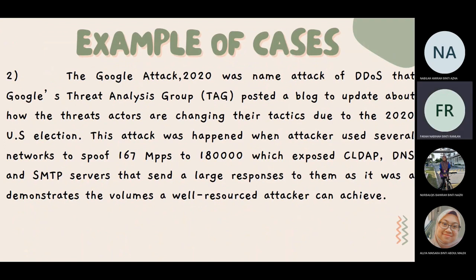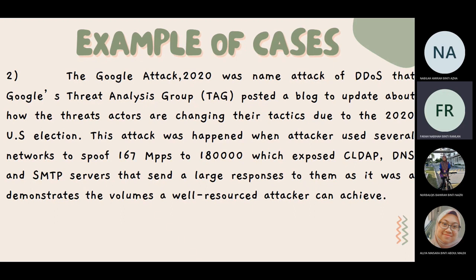For the second example, which is the Google attack in 2020, it was named an attack of DDoS that Google's Threat Analysis Group, or TAG, posted a blog to update about how the threat actors are changing their tactics due to the 2020 US election.